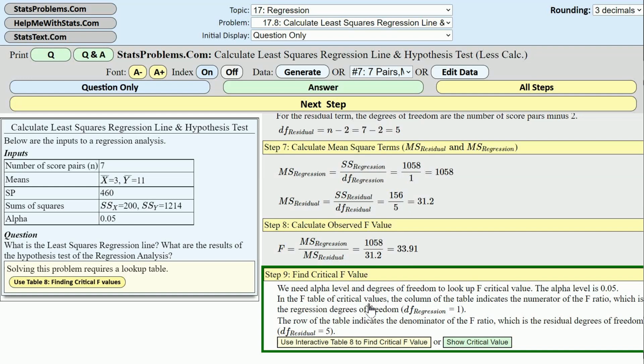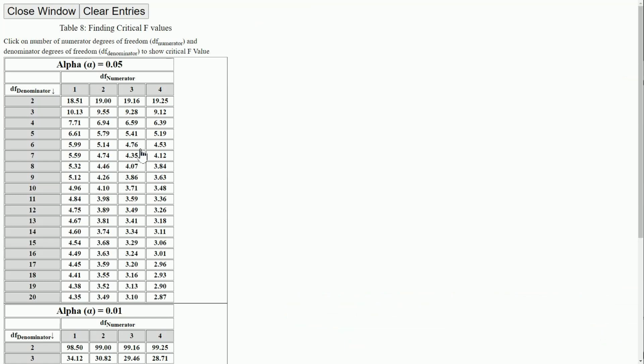In the F table of critical values, the column of the table indicates the numerator of the F ratio, which is the regression degrees of freedom, df regression equals 1. The row of the table indicates the denominator of the F ratio, which is the residual degrees of freedom, df residual equals 5. Use interactive table 8 to find the critical F value.